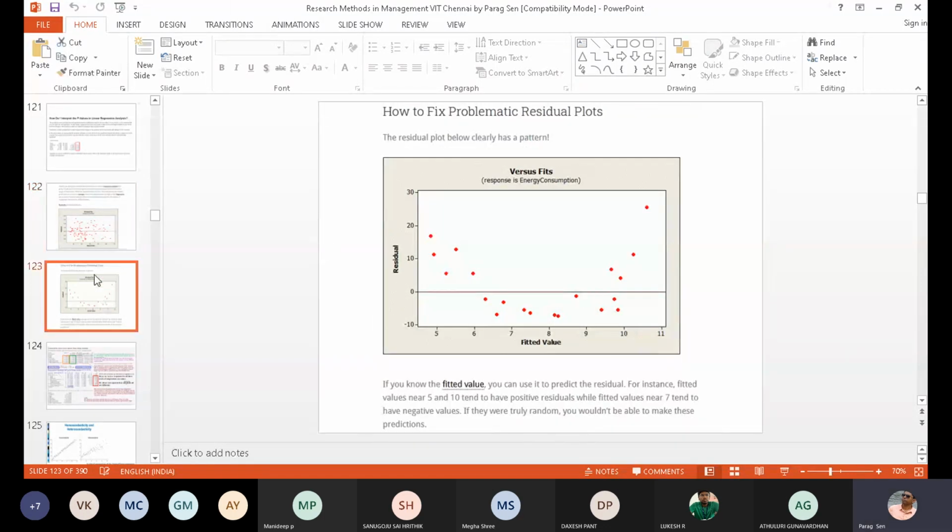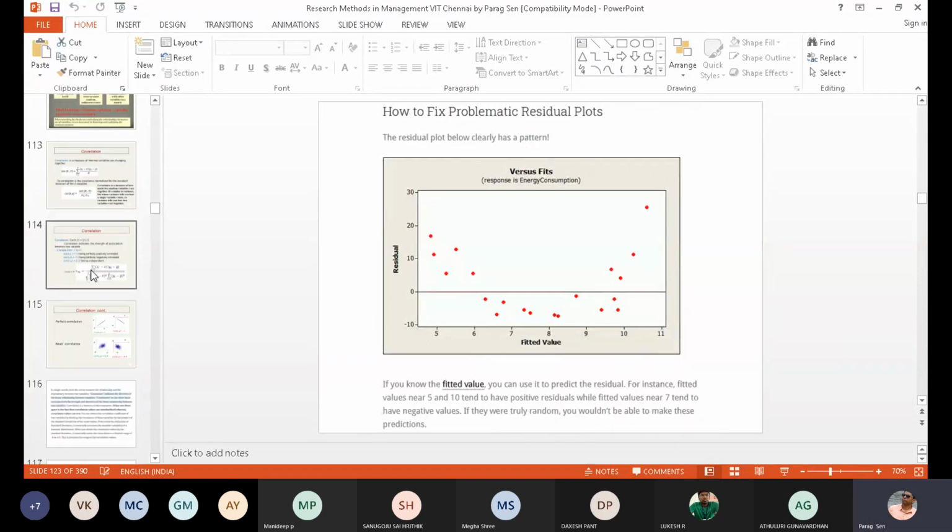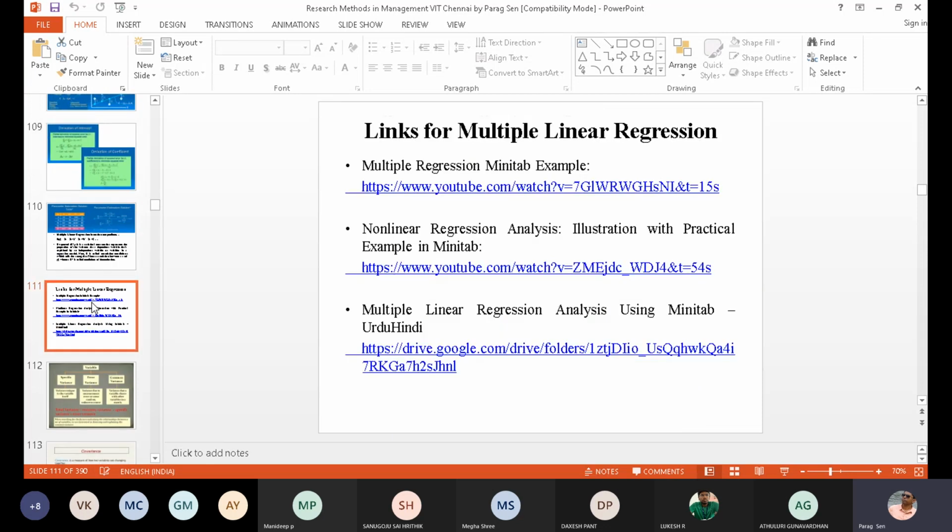See, in this particular topic we have seen that in linear regression we assume that the relationship between the dependent variable and the independent variable is more or less linear.